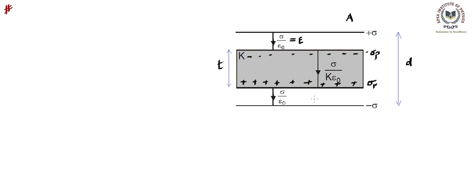In this space, which is also uncovered by the dielectric, the field direction will be from the positive sigma plate to the negative sigma plate, and it's going to have the same value sigma upon epsilon naught.